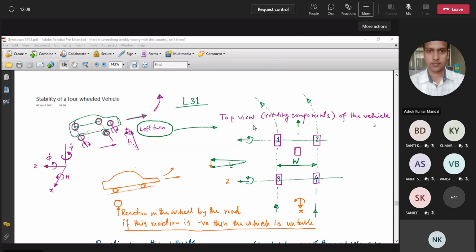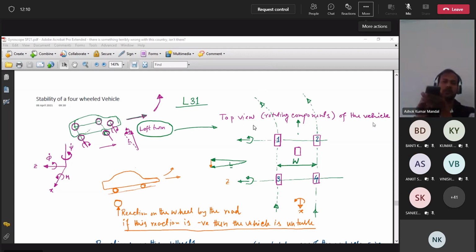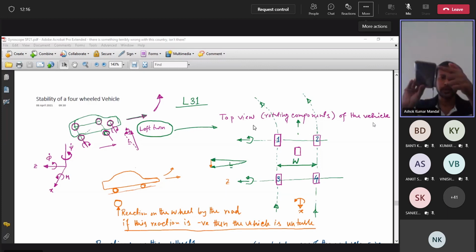Suppose the vehicle is like this and it is taking a left turn. When it is taking a left turn, the wheels on this side we will call inner wheels, and the wheels on this side are outer wheels.